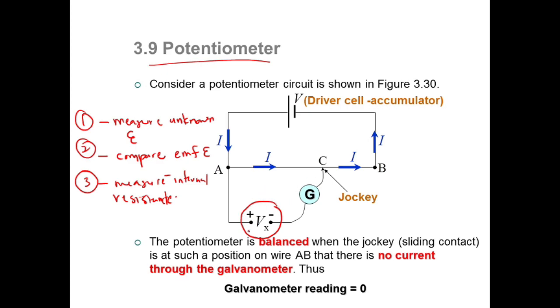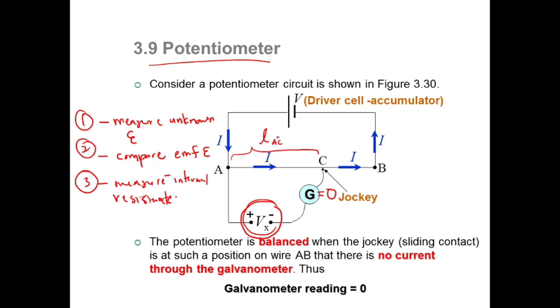So when we attach this unknown EMF here, we slide the jockey across from A toward B. If the galvanometer shows a value of 0, which means no current through the galvanometer, at this particular point we measure the length across AC.